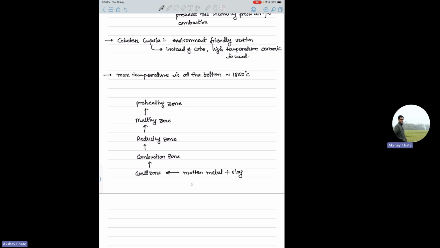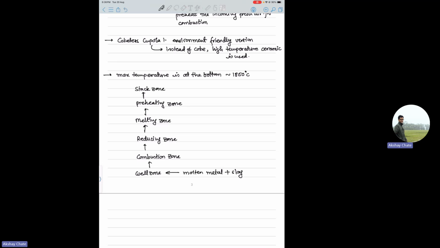Basically, this preheating zone has the charge which is about to melt or not yet melted, and on top of that, these gases will be remaining. That is called the stack zone, from where it is released to the atmosphere.